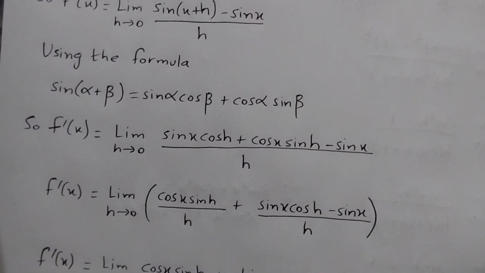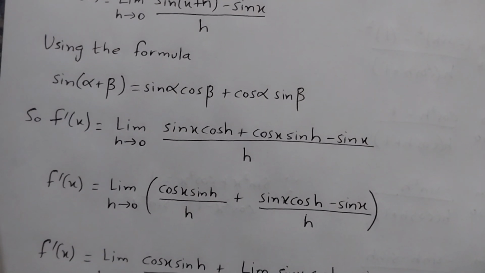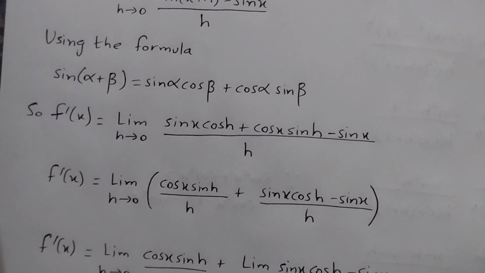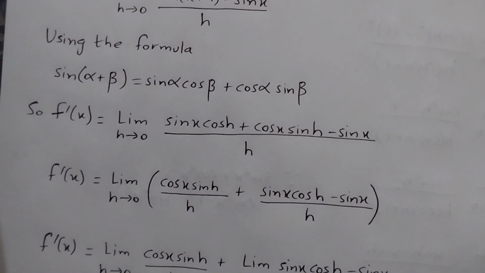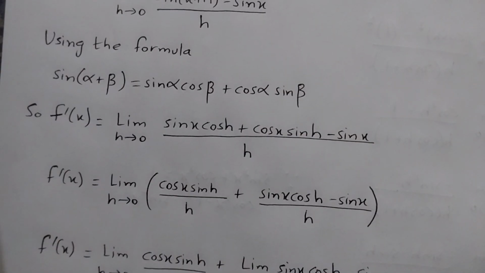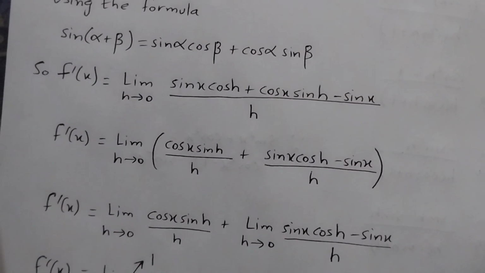So this becomes limit h approaches 0 of cos of x sin of h over h plus sin x cos h minus sin x over h. So you can write this, there's no issue, because if you even combine these two fractions you get the same fraction written above.